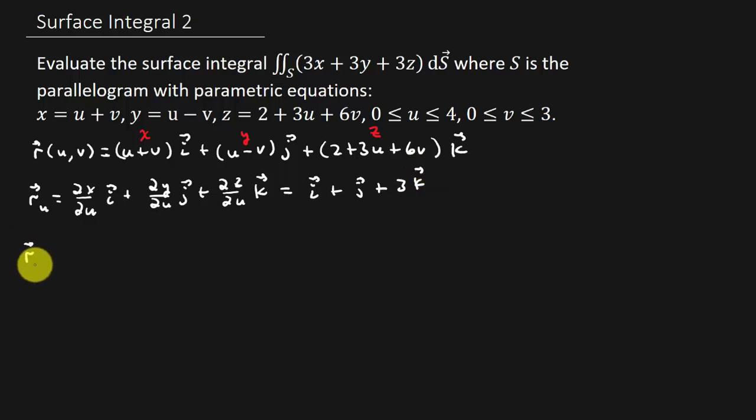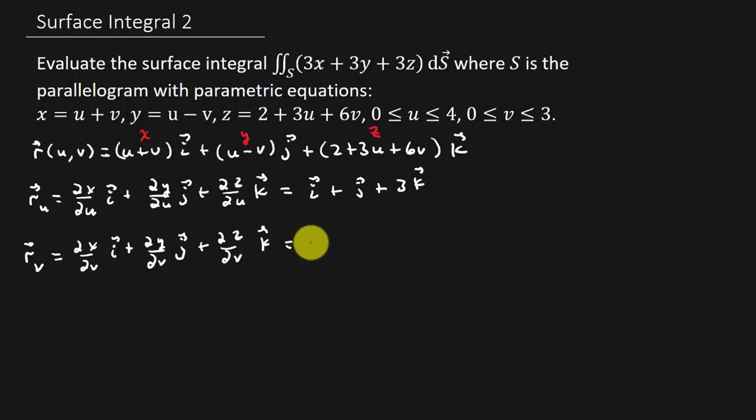And then r_v is the partial of x with respect to v, i, plus the partial of y with respect to v, j, plus the partial of z with respect to v, k.